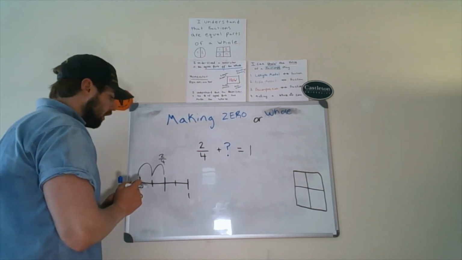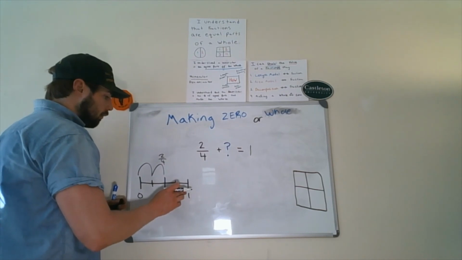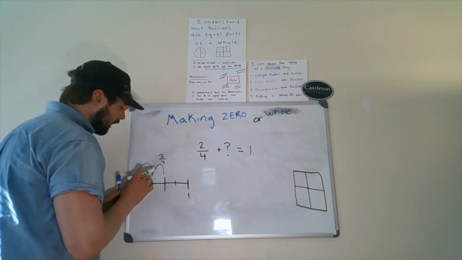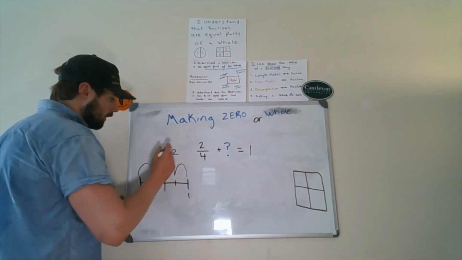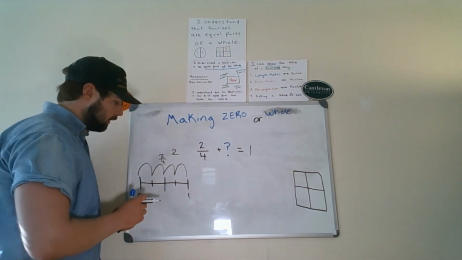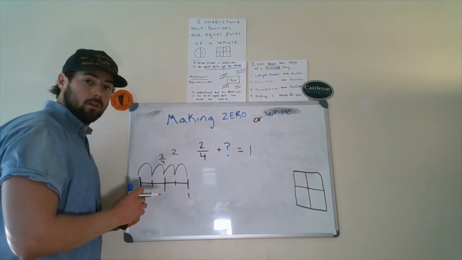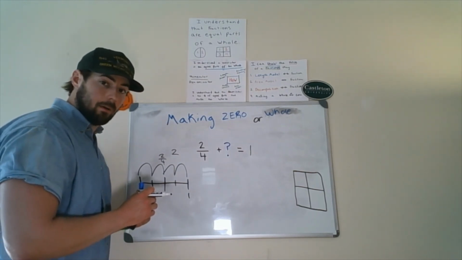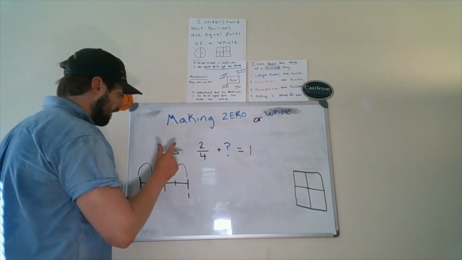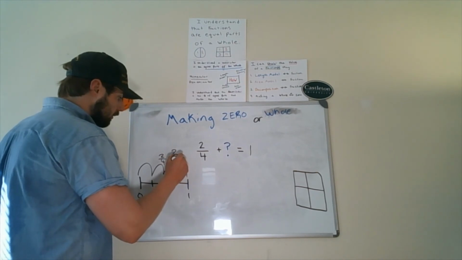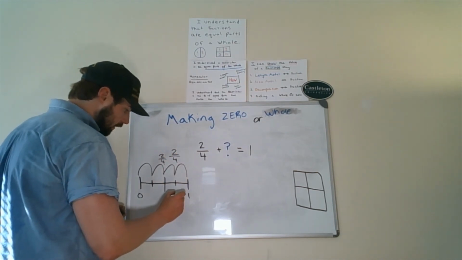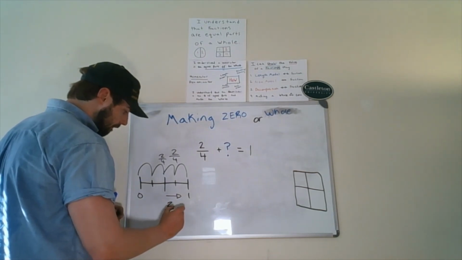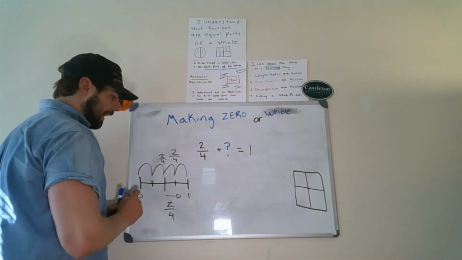Interesting. So I know I need to get to a whole. It looks like I have 1, 2 more equal parts to make a whole. But what equal parts am I talking about? I'm talking about 2/4. So I need to add 2/4 to make that whole.